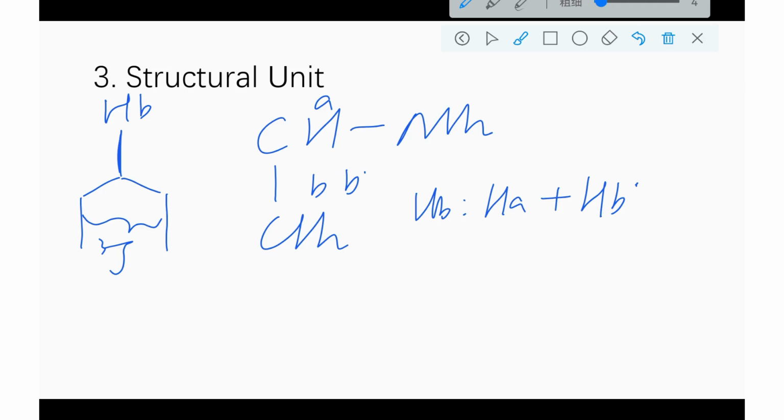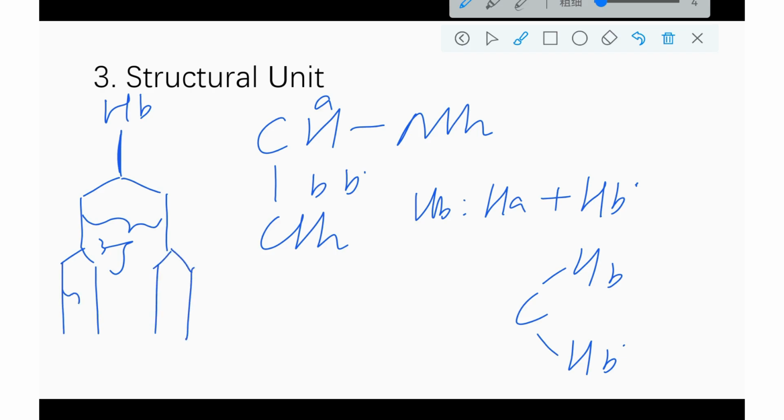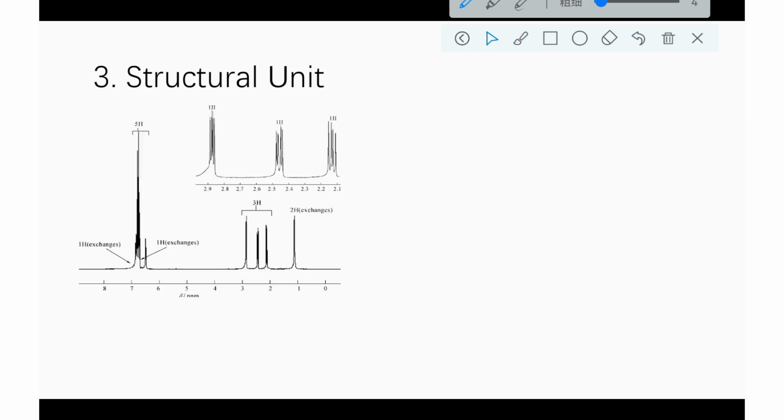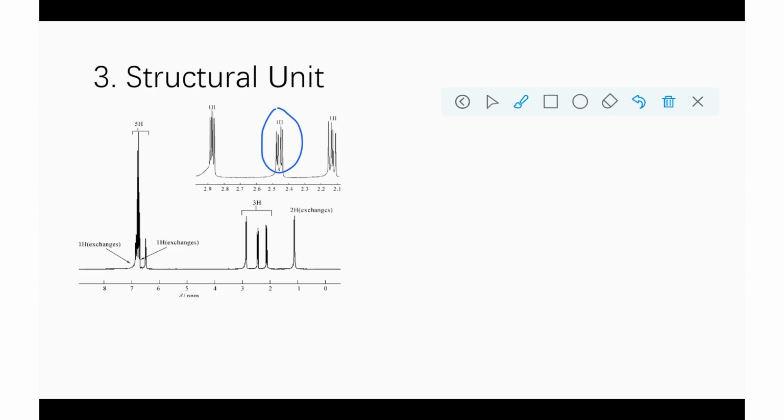And HB dot is only 2 bonds away from HB, because they're connected to the same carbon atom. So it's going to split like this, and this distance is J2. So the peak is going to be something like this, and we call this a doublet of doublets. And you can see, this one is going to be HB, and this one is going to be HB dot.